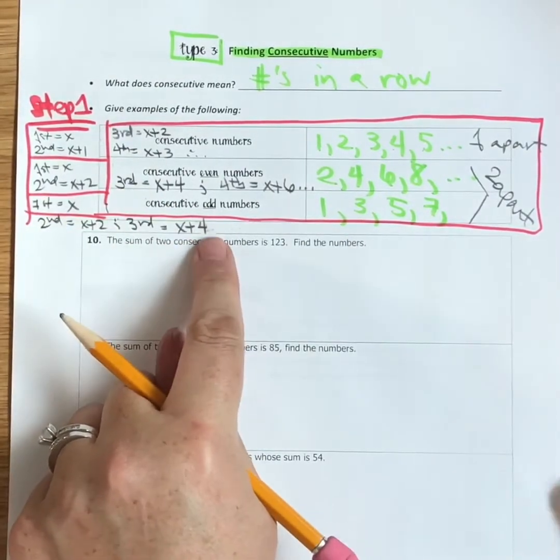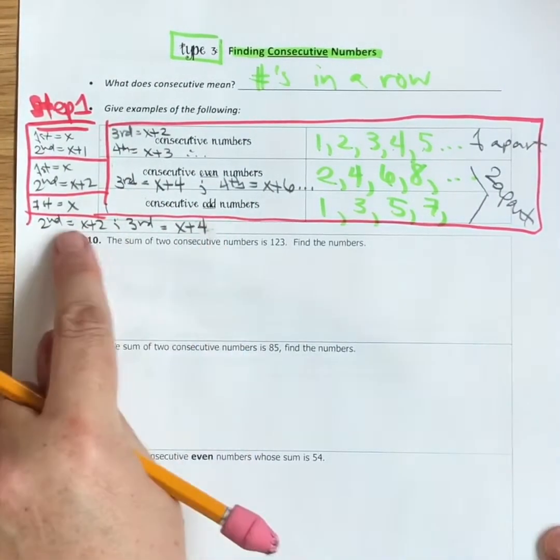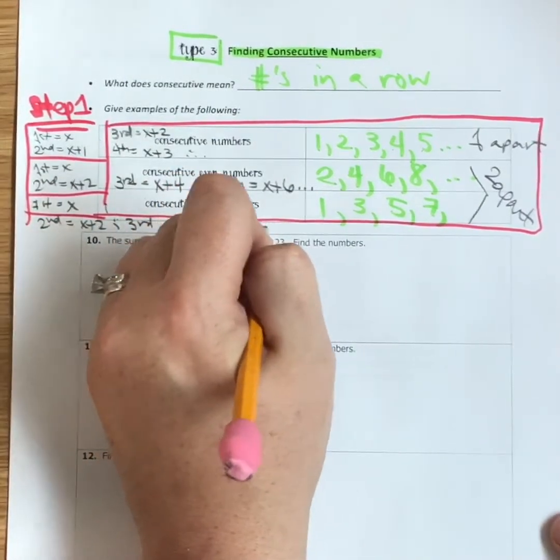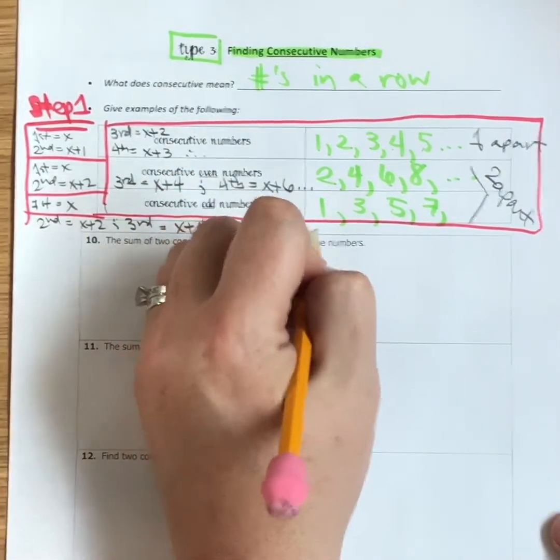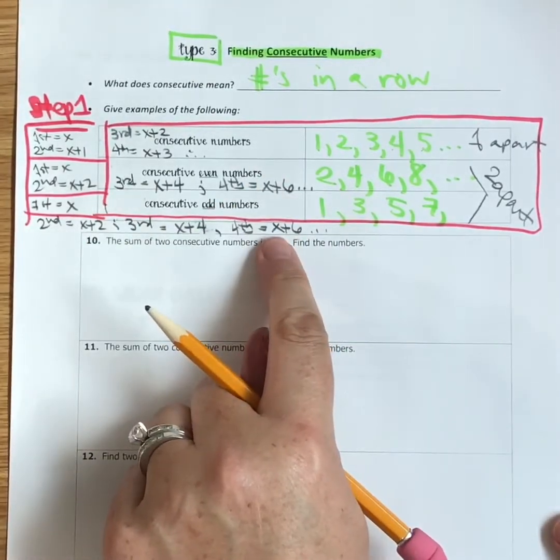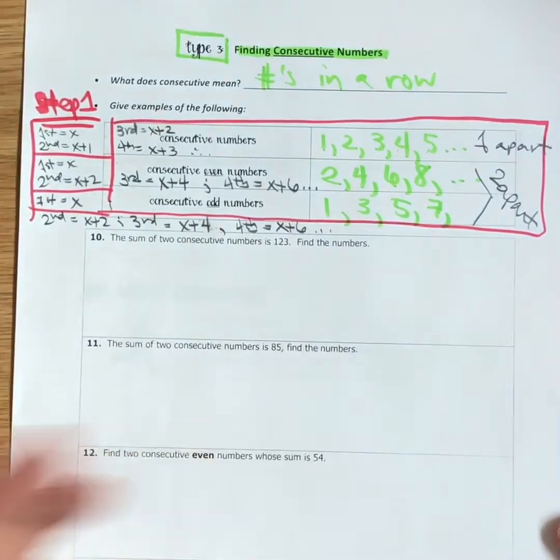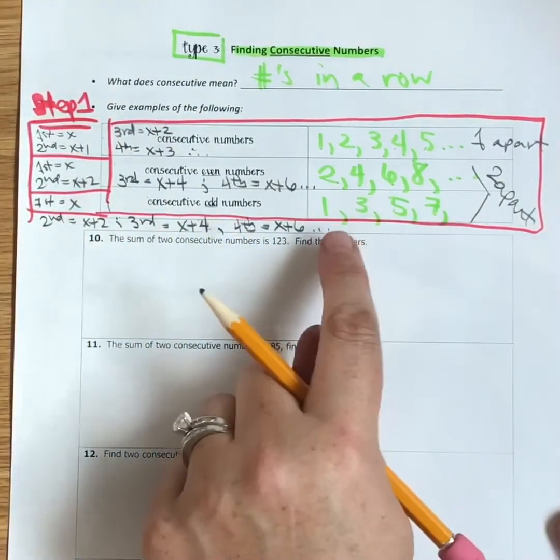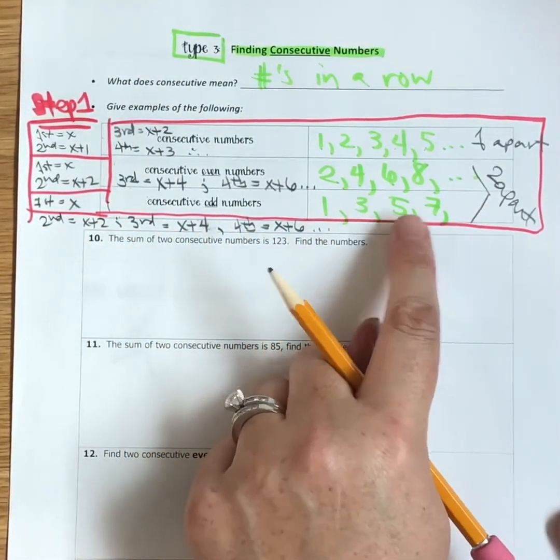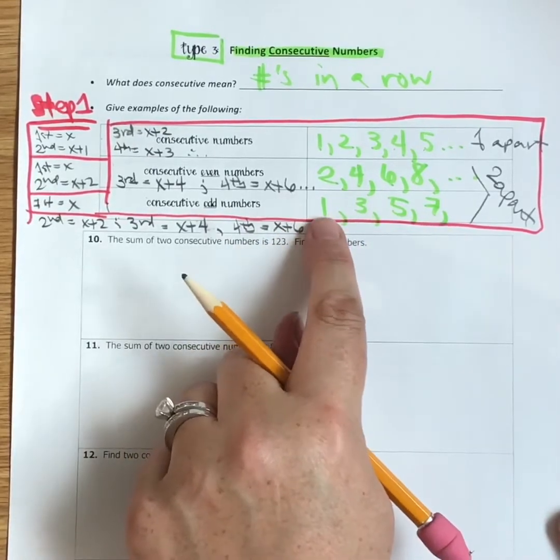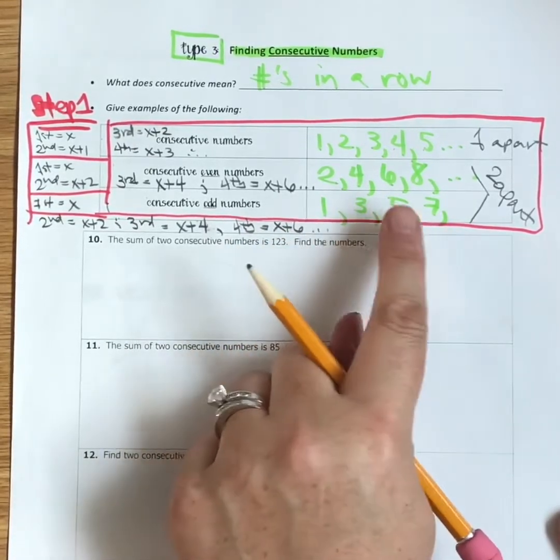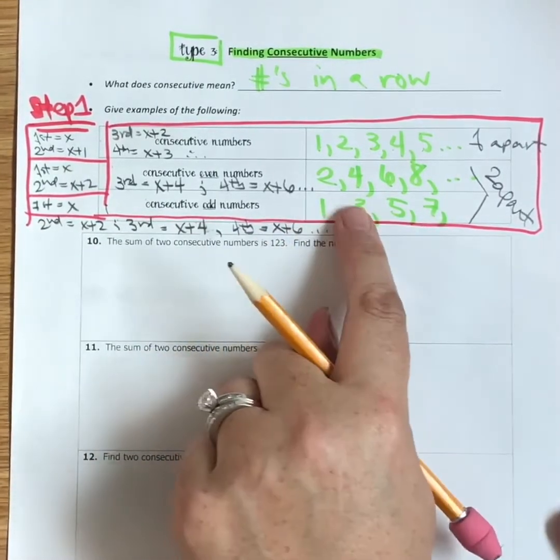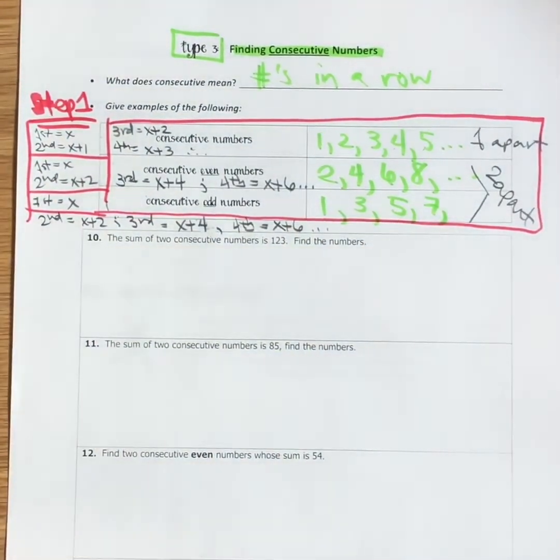But an odd number plus 4 is going to stay odd, just like an odd number plus 2 is going to stay odd. And then if you had to find a fourth number, it would be x plus 6, dot, dot, dot, because x would be odd, and an odd number plus 6 would still be an odd number. But we do this because they're also 2 apart, like 3 plus 2 is 5, 5 plus 2 is 7. Or you could think 1 plus 2 is 3, 1 plus 4 is 5, 1 plus 6 is 7. So that's your first, second, third, fourth number.